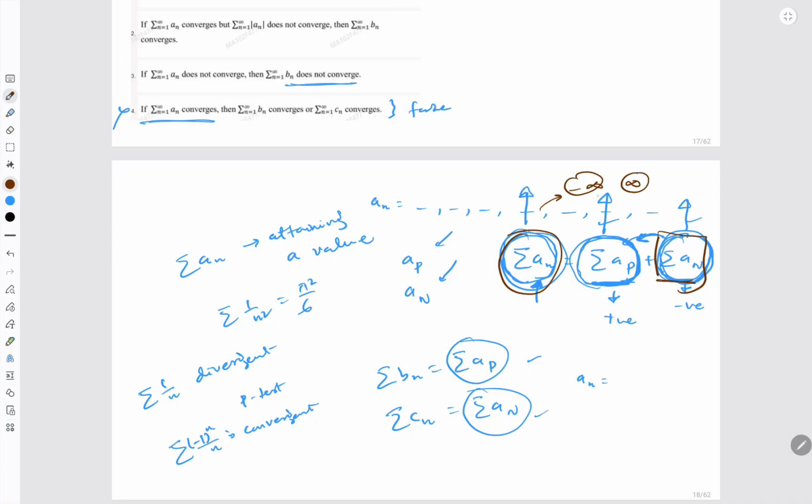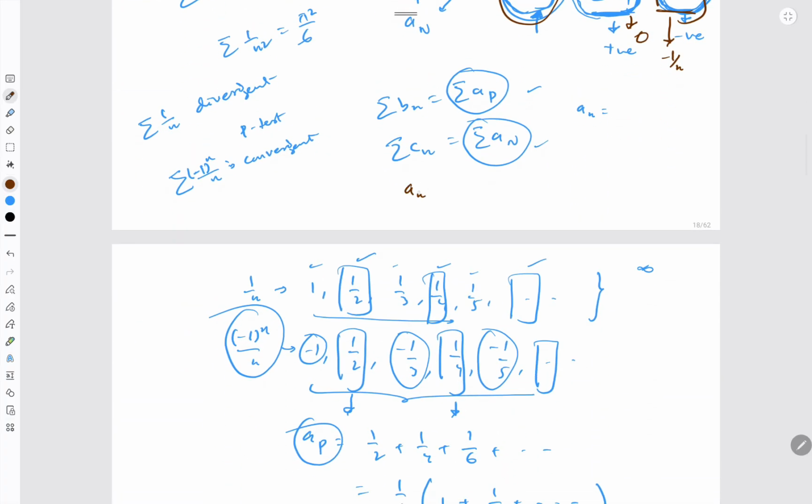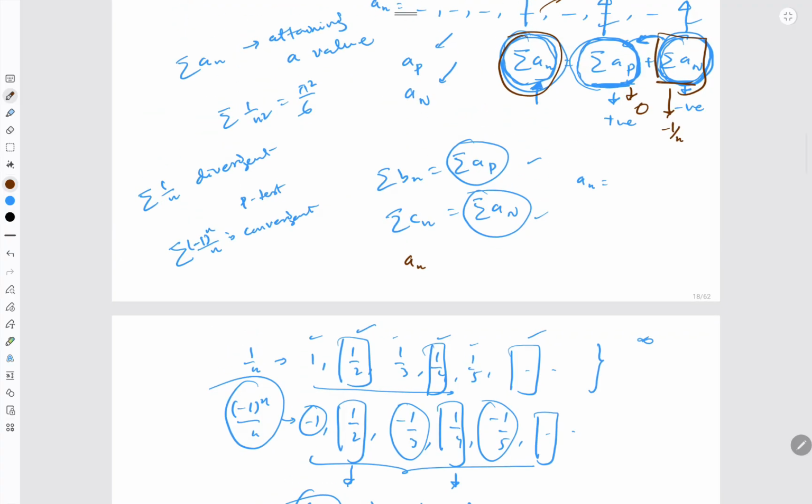So let's say AP is a very small number. Let's say AP is 0, there are no positive terms. But an is, let's say, minus 1 by n. If I write an with a small n, my series looks like minus 1, minus 1 by 2, and so on. So there are no positive terms here.